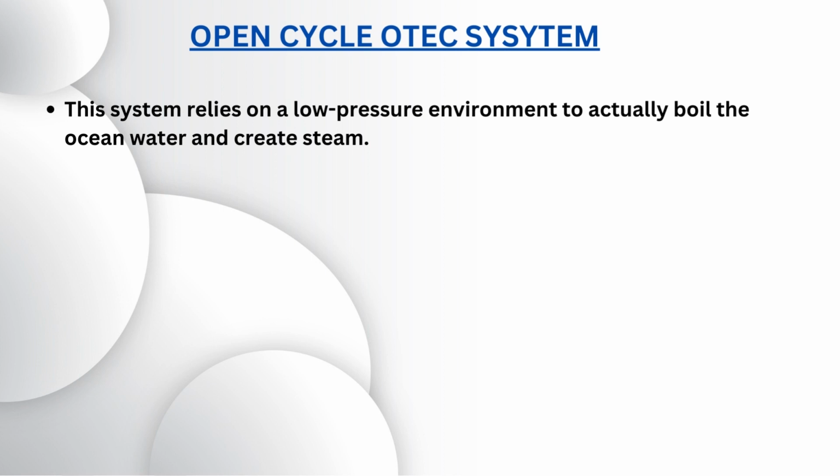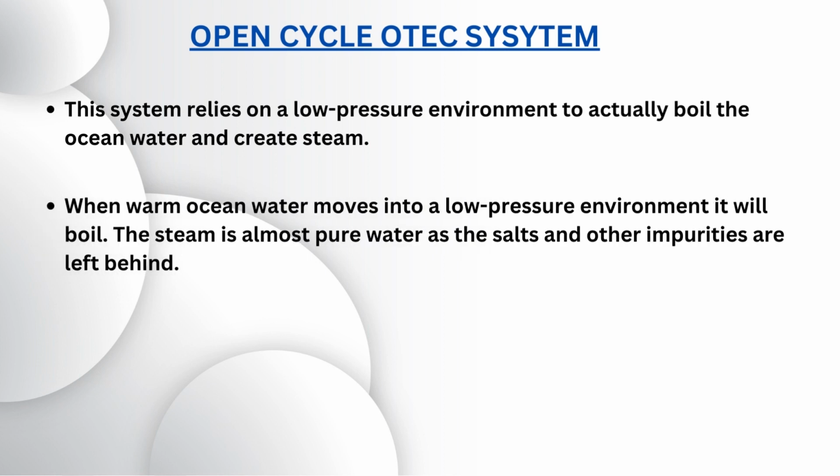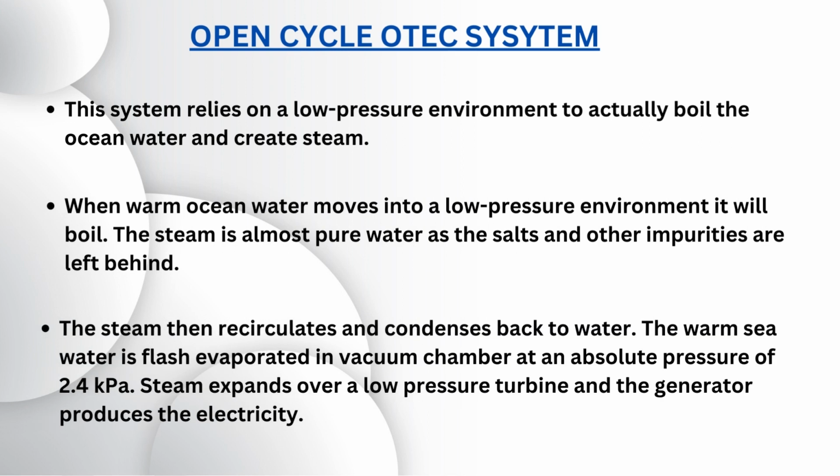We learned that when warm ocean water moves into a low pressure environment, it will boil, and the steam is almost pure water as the salts and other impurities are left behind. We have discussed the steam then recirculates and condenses back to water.